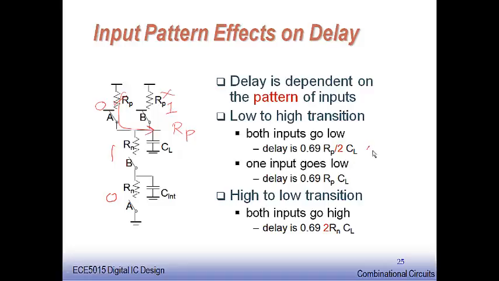Previously the delay was 0.69 times Rp by 2 into CL. When one of the inputs goes low, the timing is 0.69 into Rp into CL. Similarly, for the present conditions, I have been considering so far only the load capacitance CL.